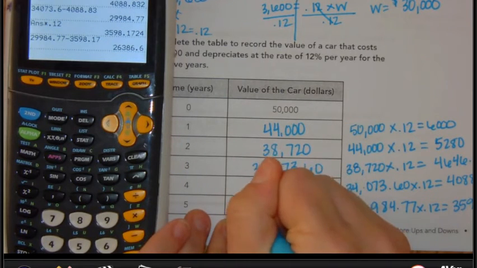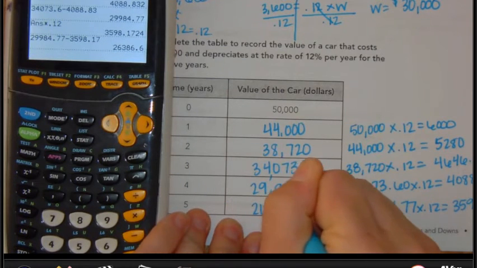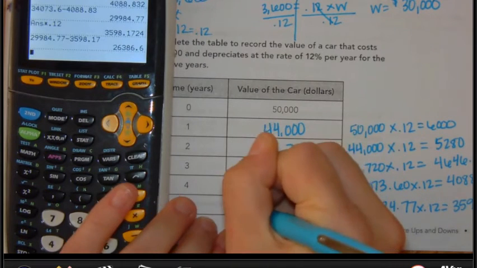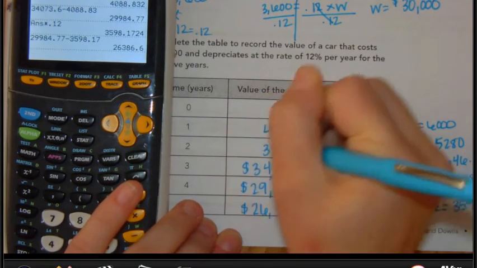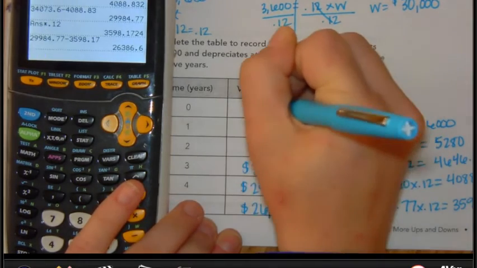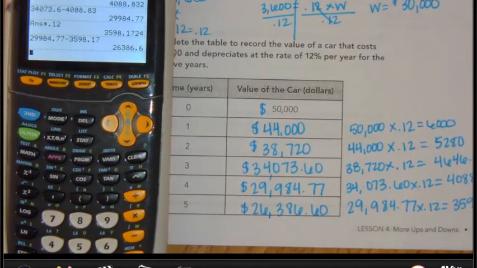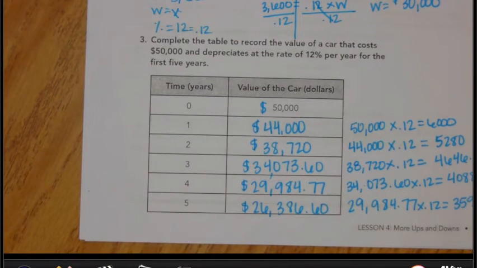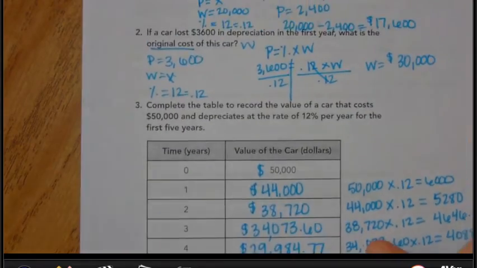So after 5 years, at a 12% decrease each year, my car will now be worth $26,386.60. So I start at $50,000 and I now end up almost at half of the original cost after 5 years. Really close to it. Okay. All right.